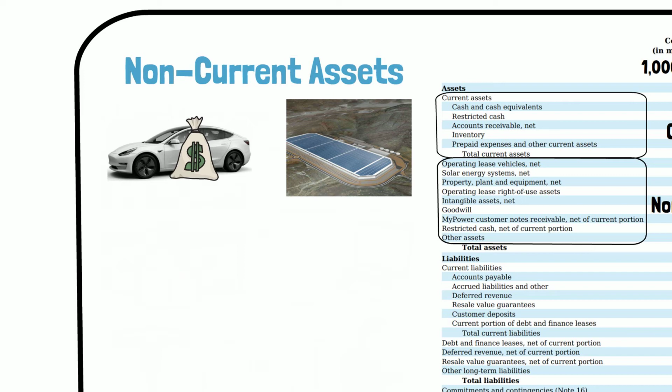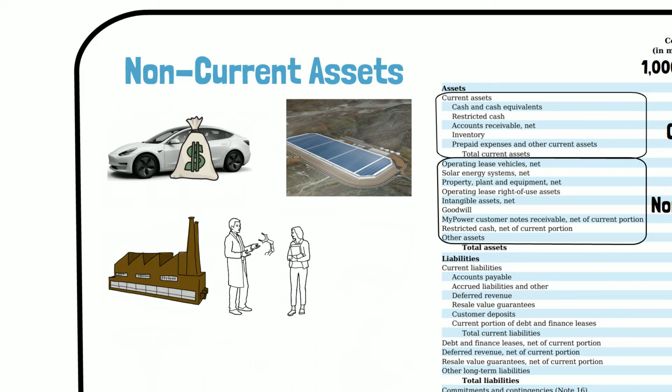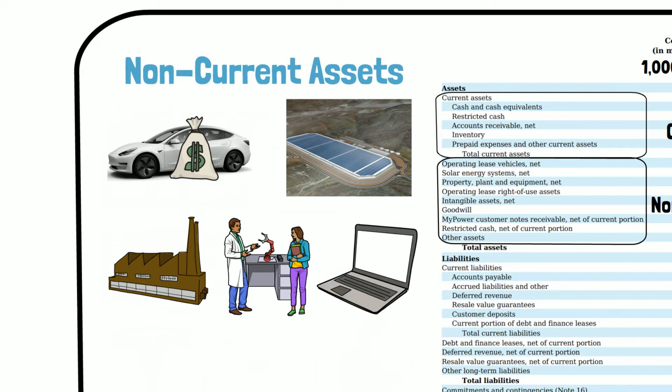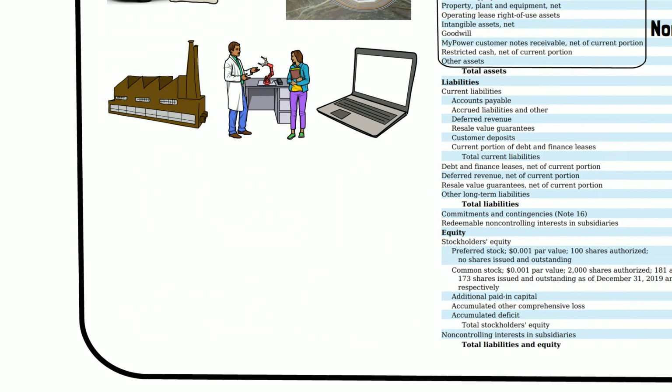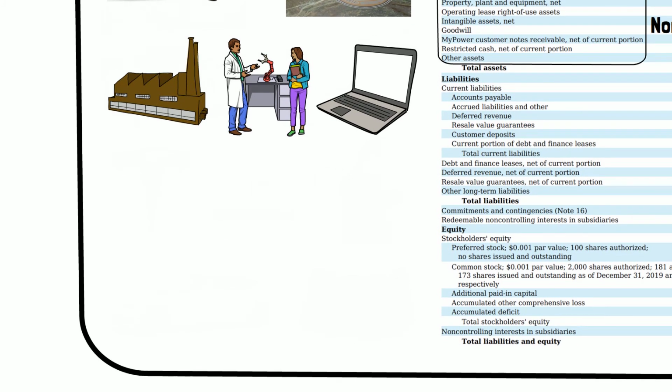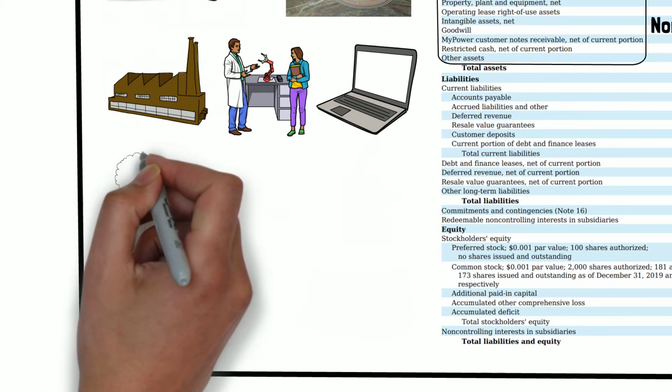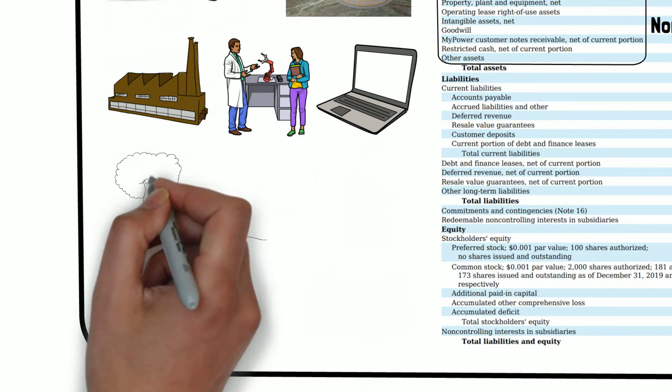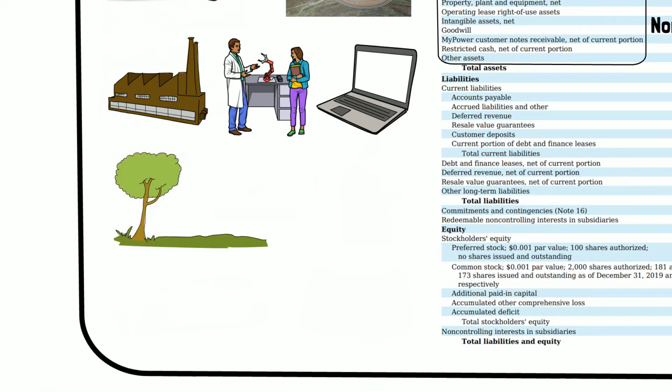The property, plant, and equipment represents all of Tesla's manufacturing plants, machinery, and administrative equipment it owns. The operating lease right-of-use assets is the factory land that Tesla has been granted the right to use by private individuals or governments.